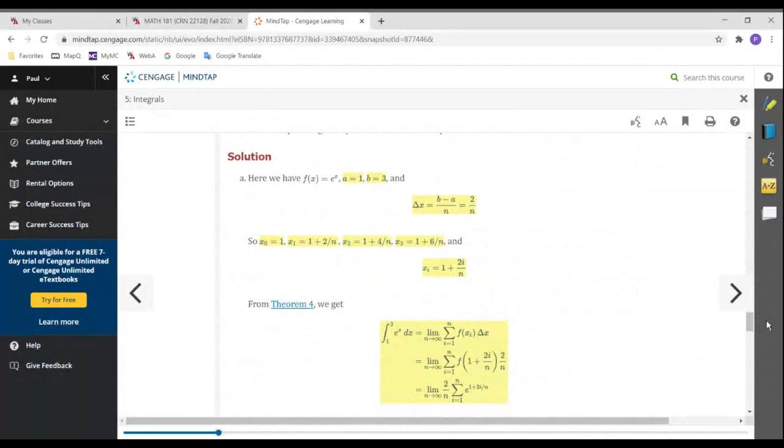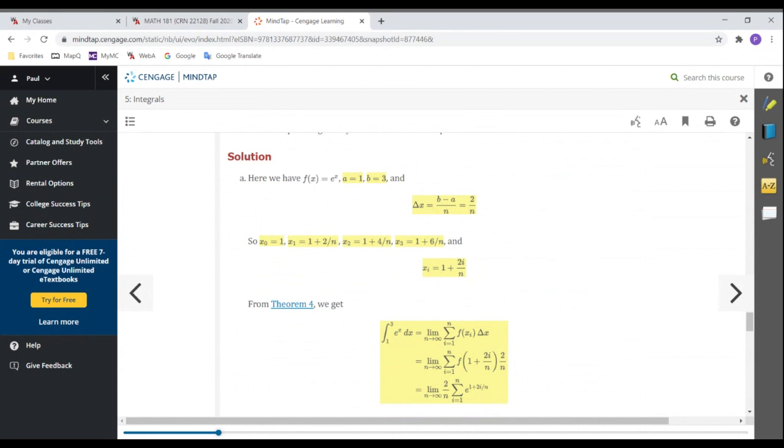And so even though in sections 5.1 and 5.2, for the problems where you have to find the limit of the Riemann sums, you can rewrite the Riemann sums using formulas 5, 6, and 7, those summation formulas, in general it's not going to work.